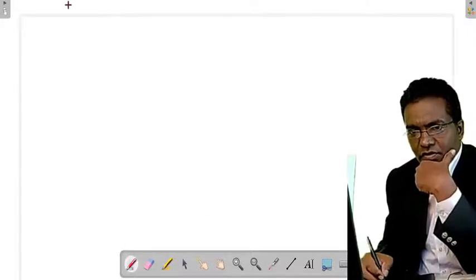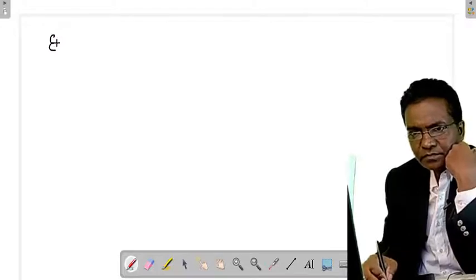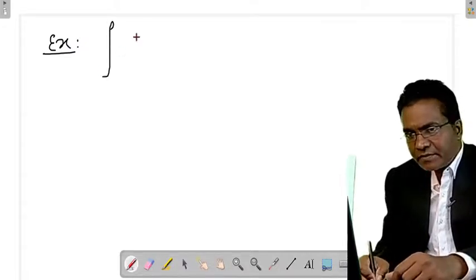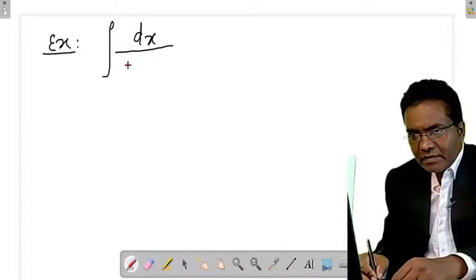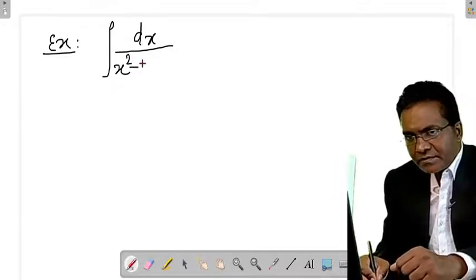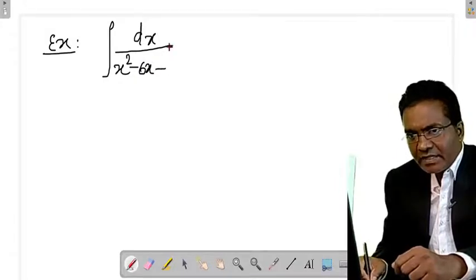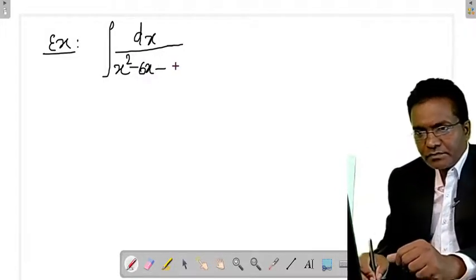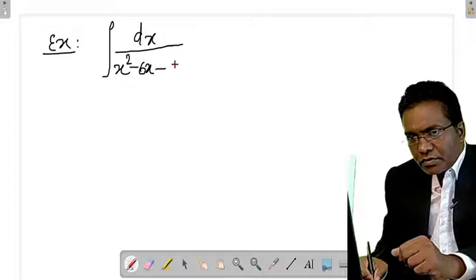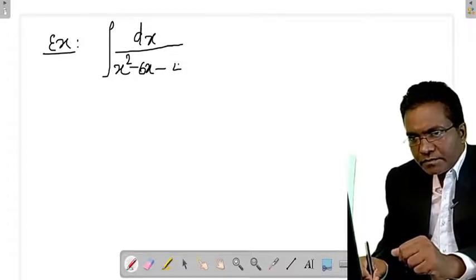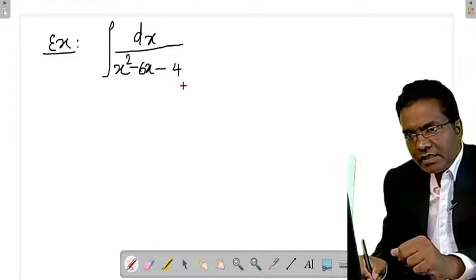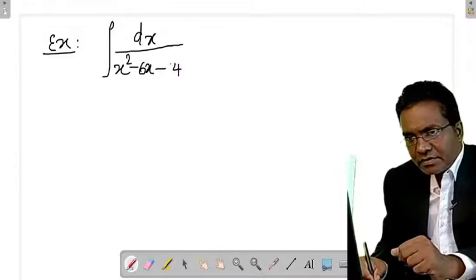Suppose you are asked to evaluate this, suppose you come across this: dx by x square minus 6x minus 7.